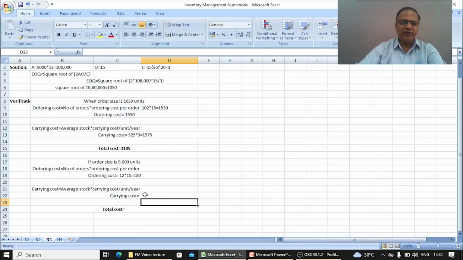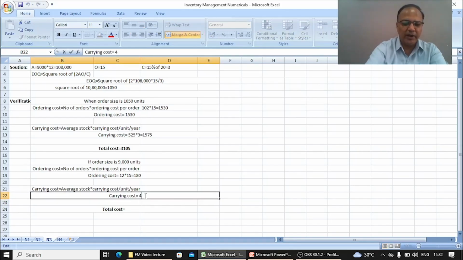And whenever we are talking about the carrying cost, it means we have to maintain an average stock of 4,500 units and carrying cost is 3. It will be 13,500.